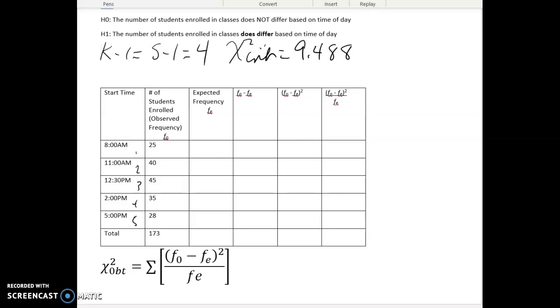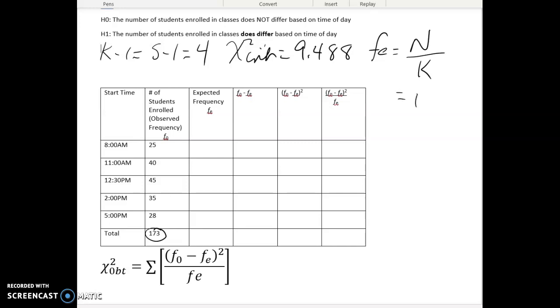Okay, so in this case, it's much simpler. In order for us to determine the expected frequencies, because we don't know them, we're simply going to assume that there are going to be equal numbers of students in each of the different time points. So all we do is we take n, okay, and so f sub e is going to be equal to n divided by k.